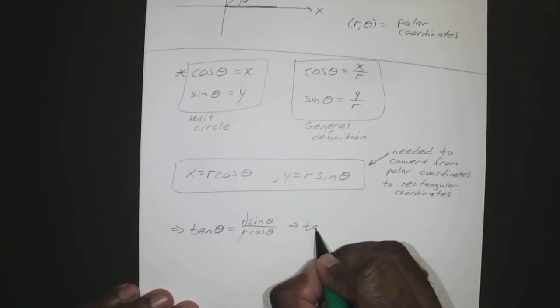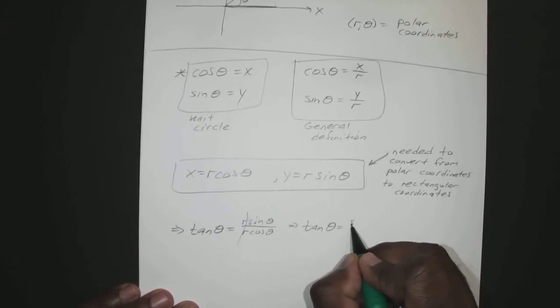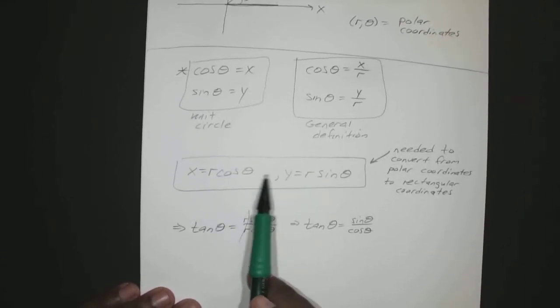So you end up with tangent of theta is equal to sine of theta over cosine of theta, which is just y over x.